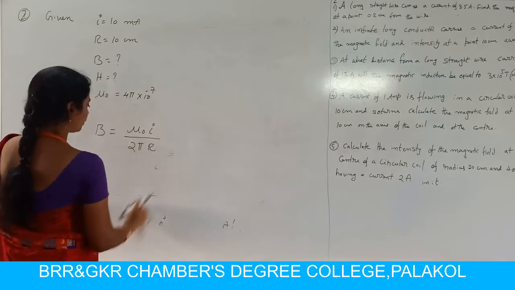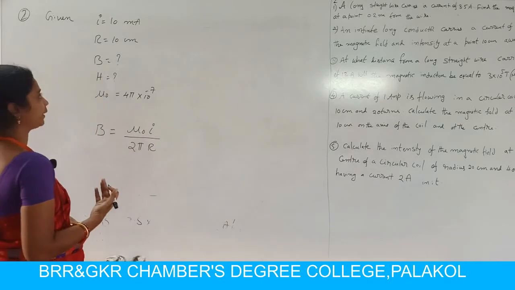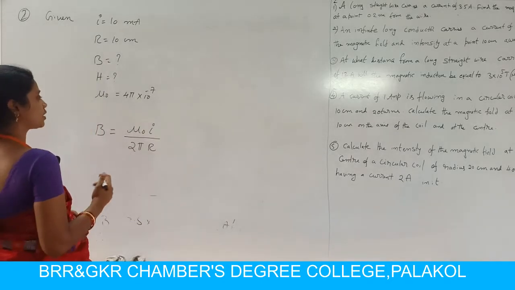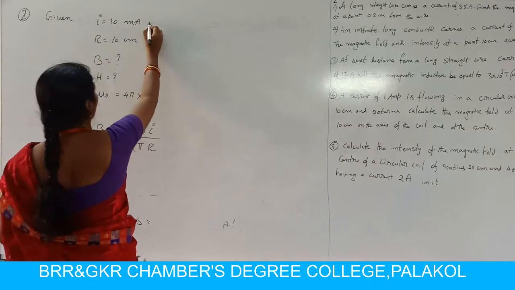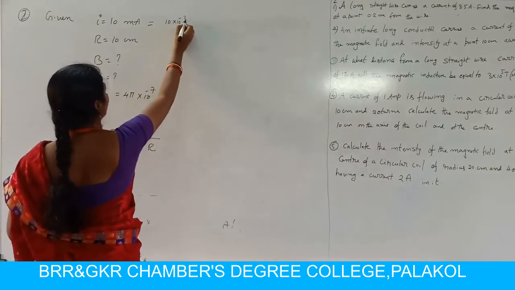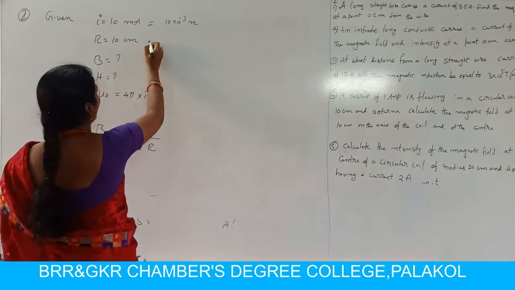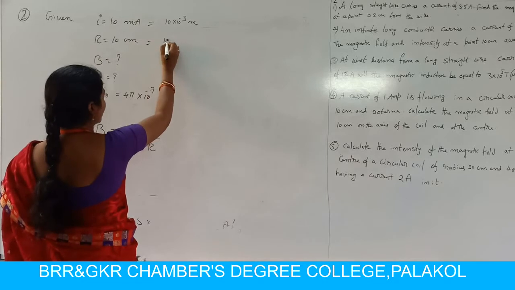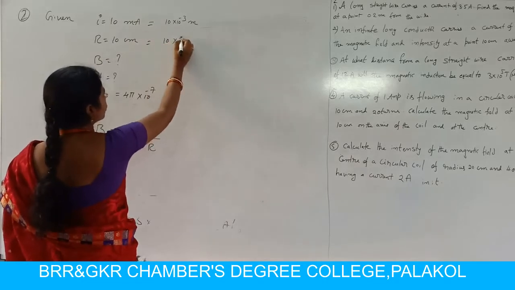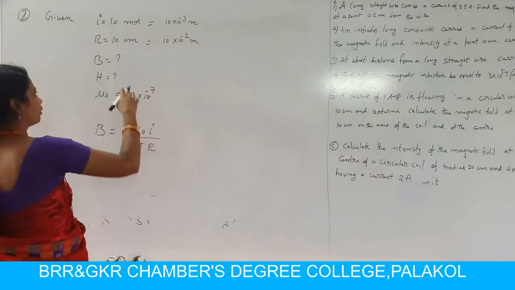Here the current is given in milliamperes and the distance in centimeters. We can change them: the current in amperes is 10 into 10 power minus 3, and the distance is 10 divided by 100, 10 into 10 power minus 2 meters. So we change the units.